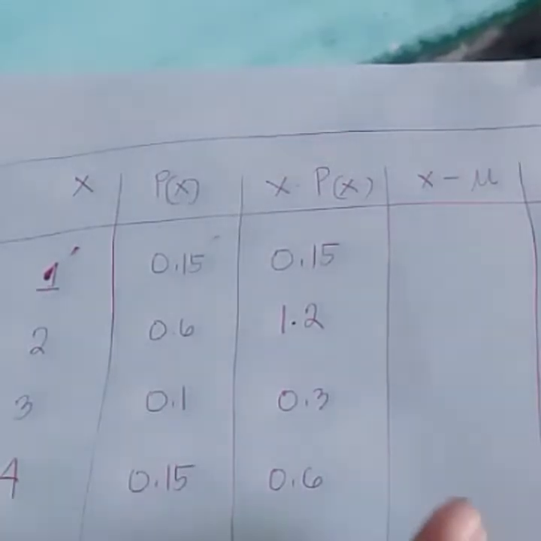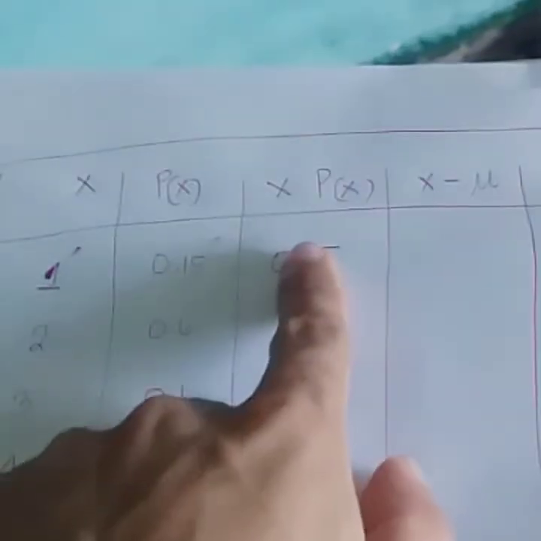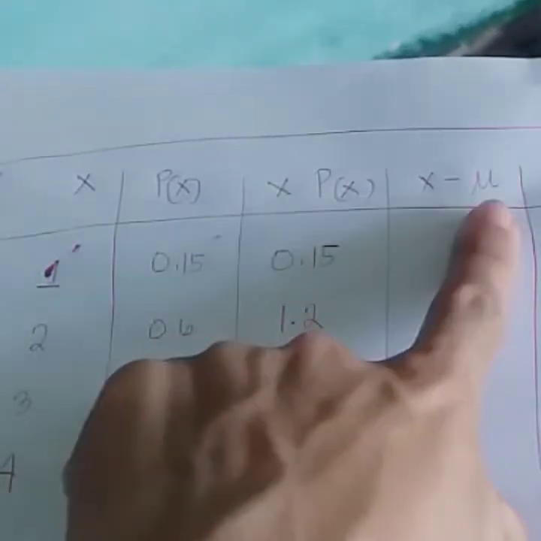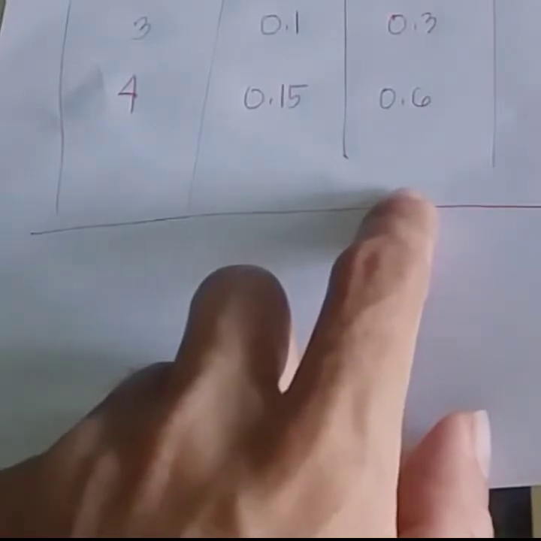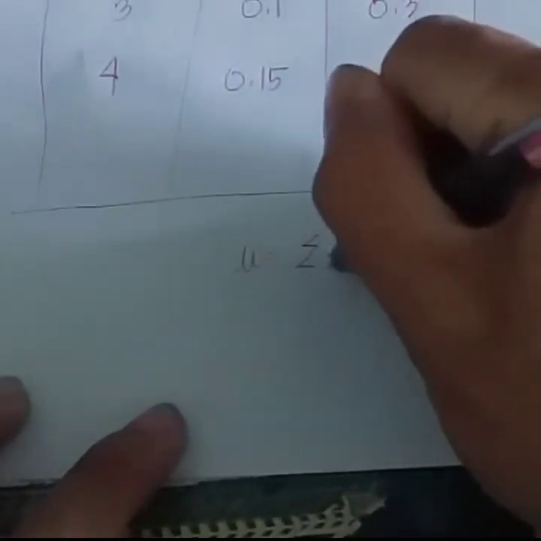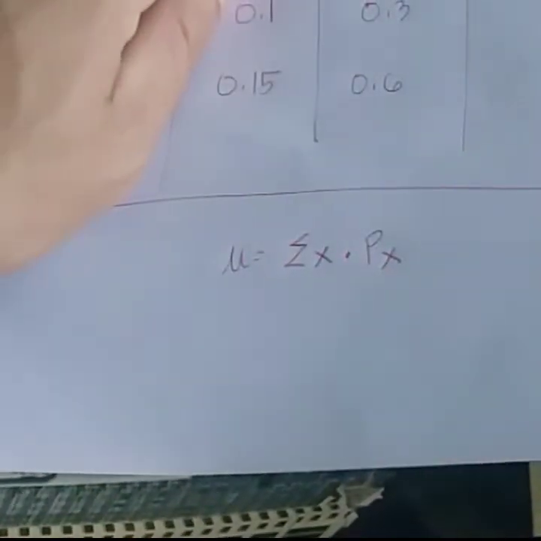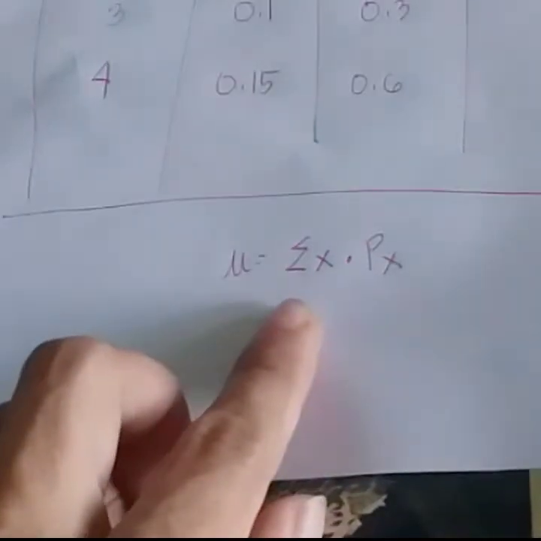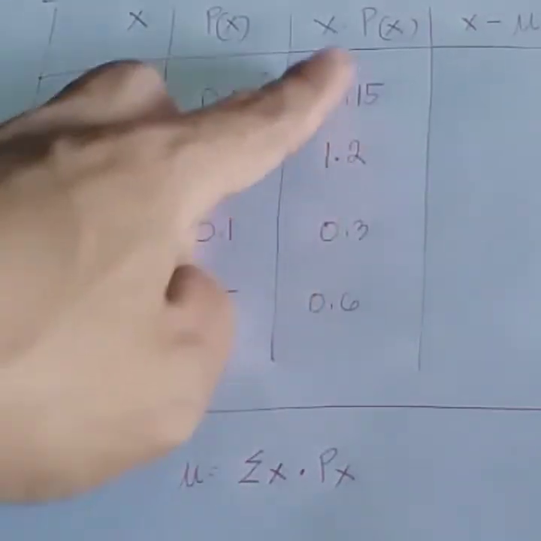Next, the column 4, which is the x minus the mean. So before getting the values of x minus mean, we will proceed to finding the values of our mean. So what is the formula for mean? Mean is equal to the summation of x times the P of x. The summation is the total sum of all the values of x times P of x.